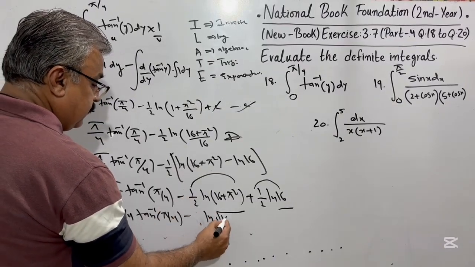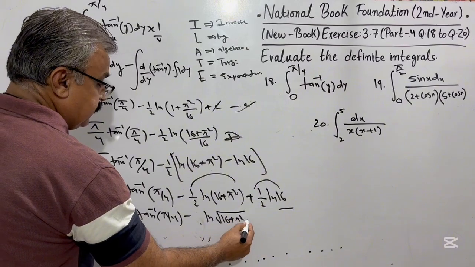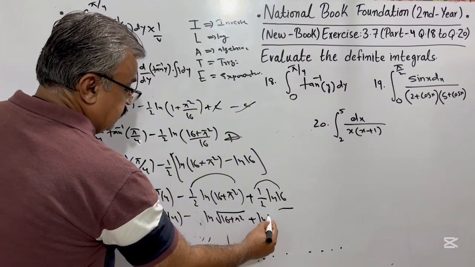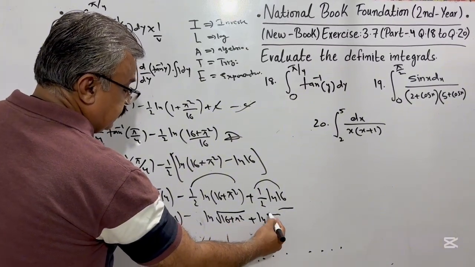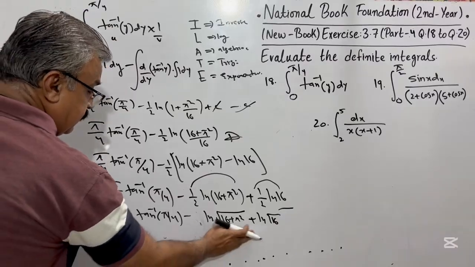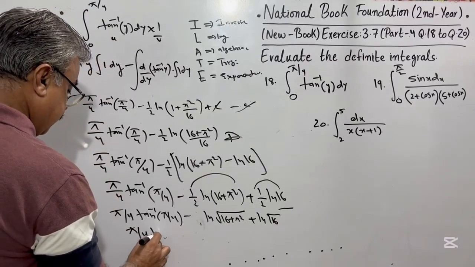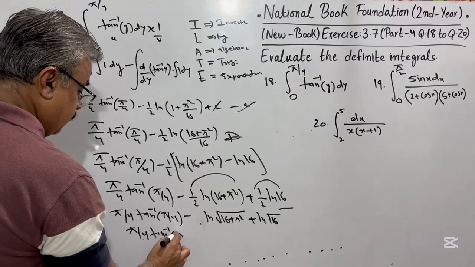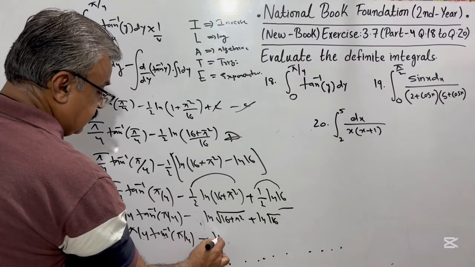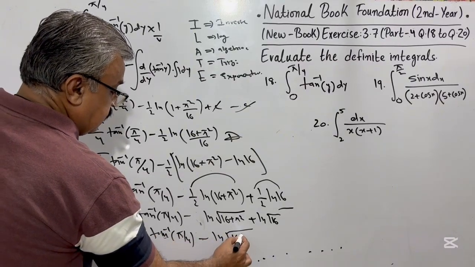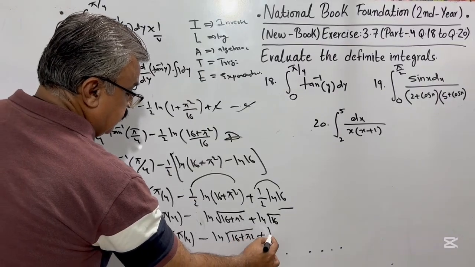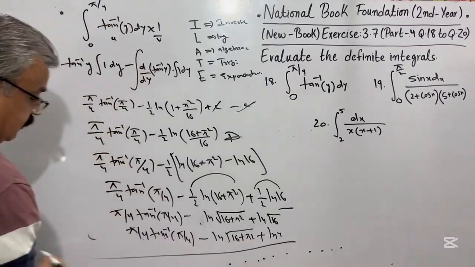Let me write under root, 1 upon 2: ln of under root of 16 plus pi square, plus ln under root 16. Under root 16 means ln 4. In the next step we have pi upon 4 tan inverse of pi over 4 minus ln of 16 plus pi square plus ln 4. It's our answer.